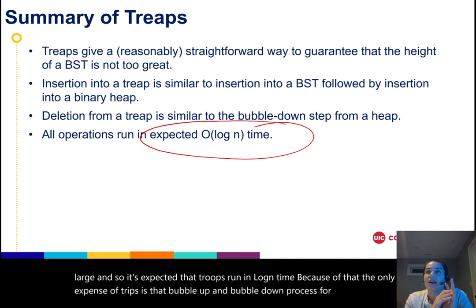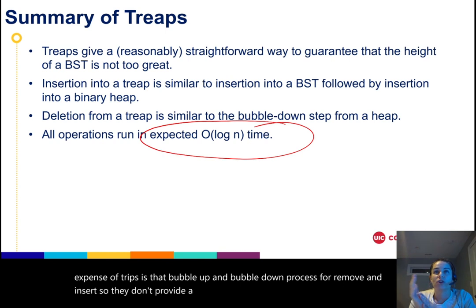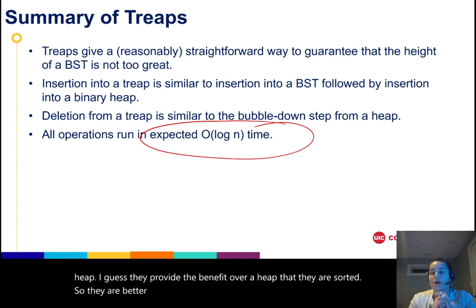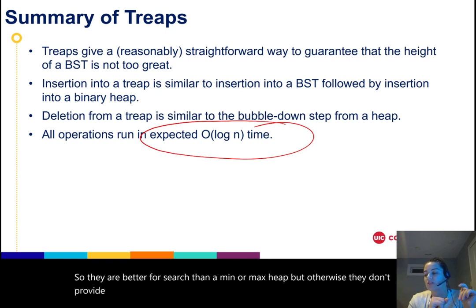So they don't provide a particular advantage over a balanced tree or a min heap. I guess they provide the benefit over a heap that they are sorted, so they are better for search than a min or max heap, but otherwise they don't provide any advantage in terms of insertion and deletion.